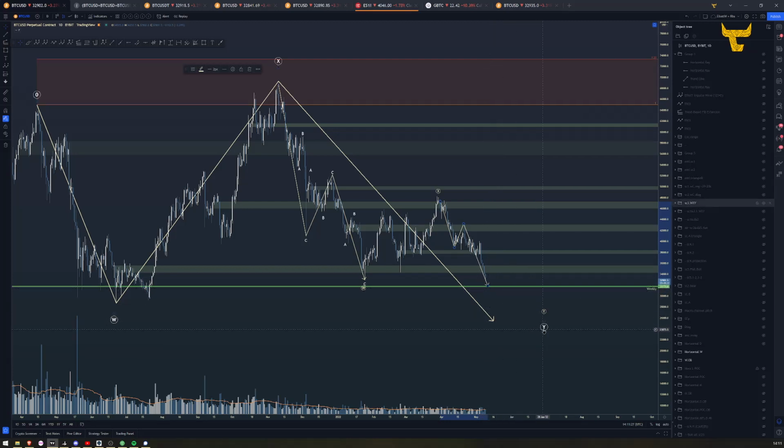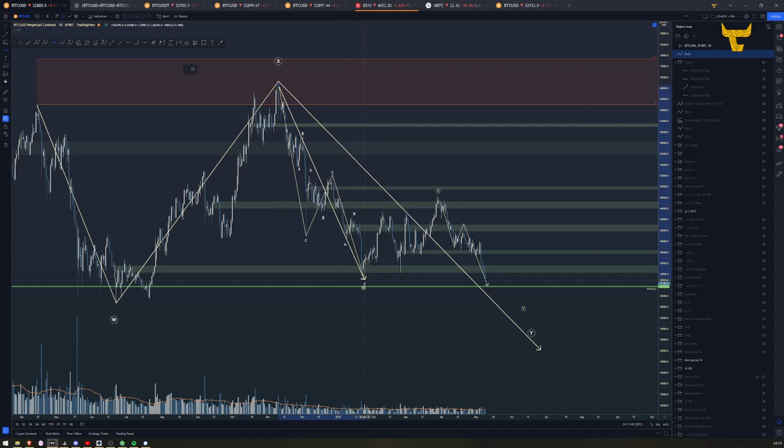All of this could be the end of this WXY, meaning it will be the low, but it could also be just the first wave of the Y here, the smaller Y. You can see how the first W had a really big move.